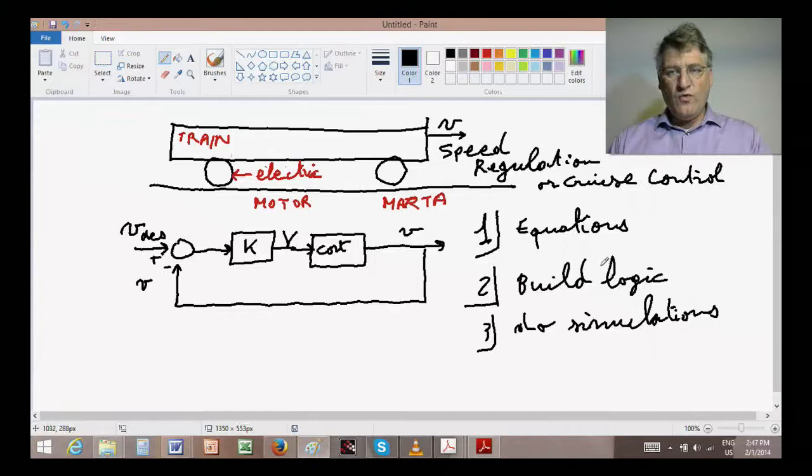Okay, so we're gonna do all this and see what happens. So, to begin, we will talk about the equations of motion of the mechanical system.